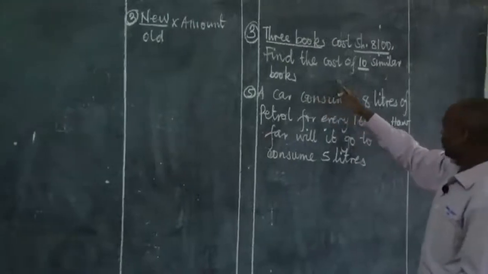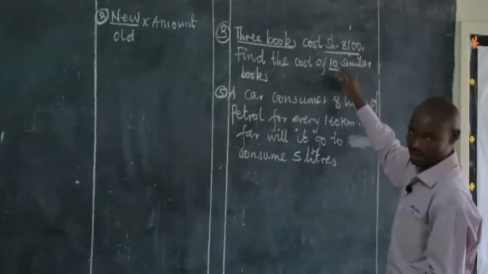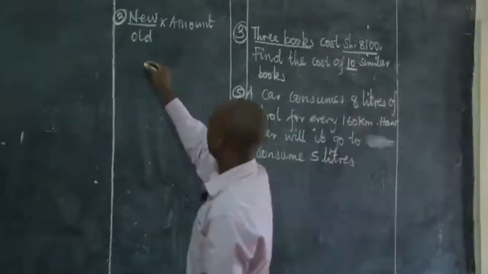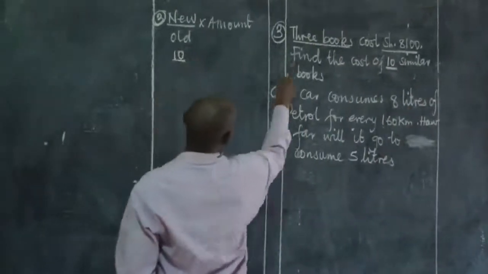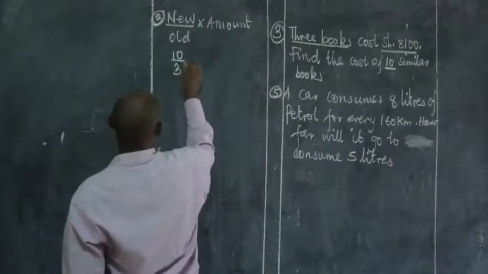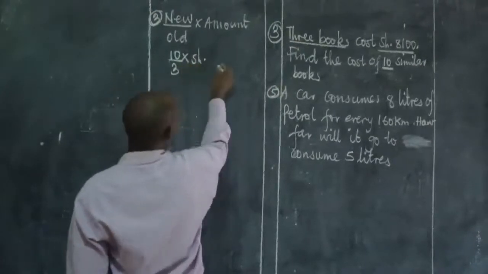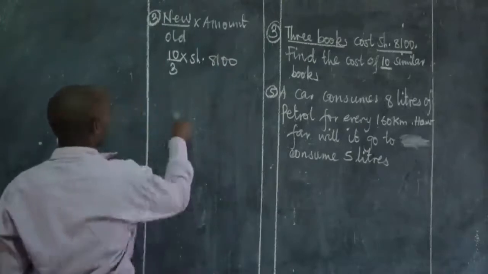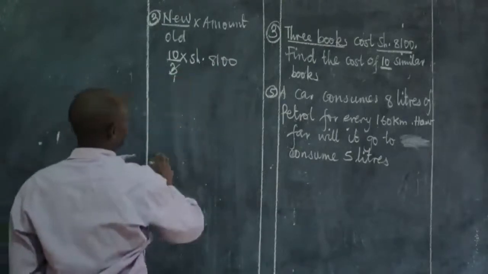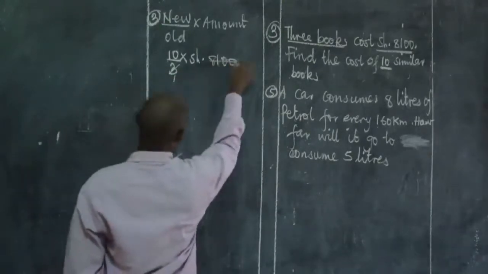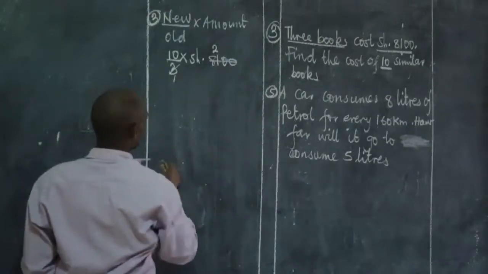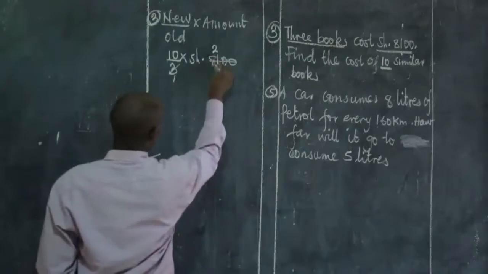So we are looking for the cost of 10 books. So 10 becomes new, then 3 becomes old, then the amount is 8,100. Then we reduce. When we divide by 3, it is 1. 8 divided by 3, we are getting 2, and the remainder is 2.